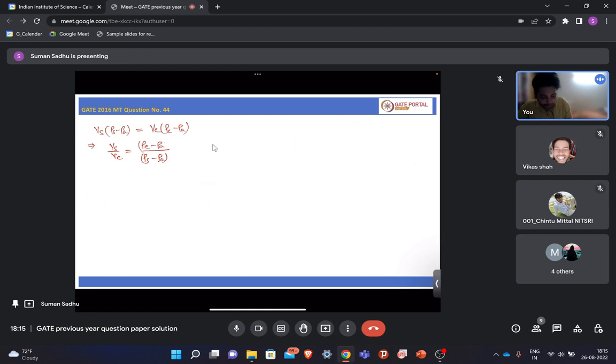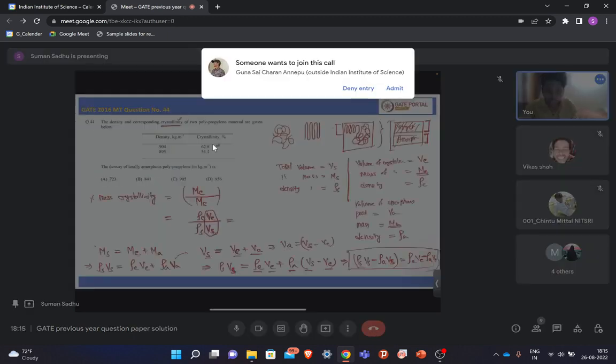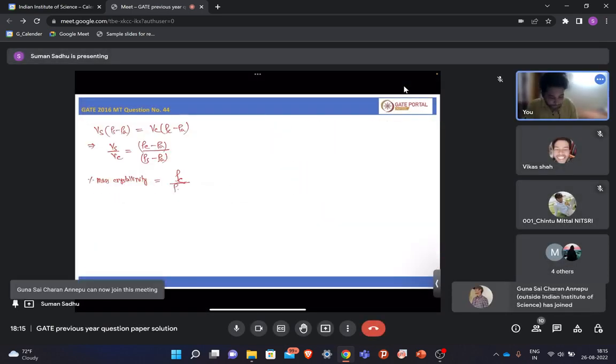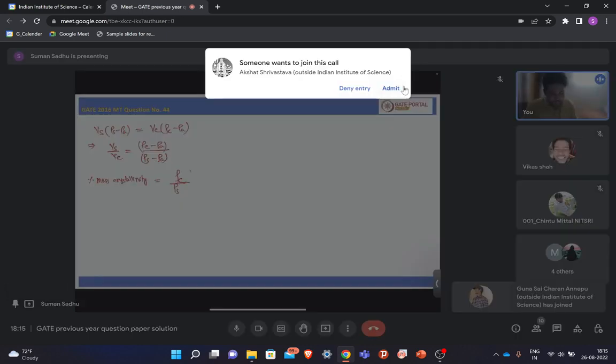Now the percentage of mass crystallinity was rho C by rho S into that ratio.